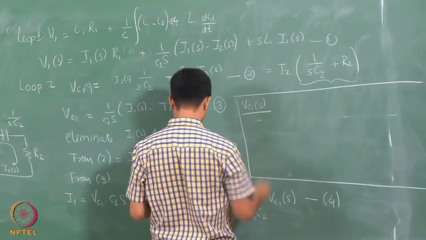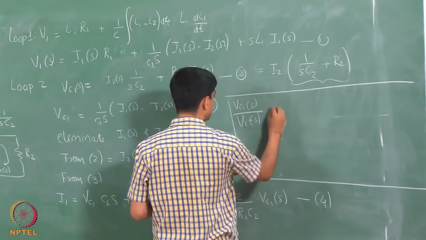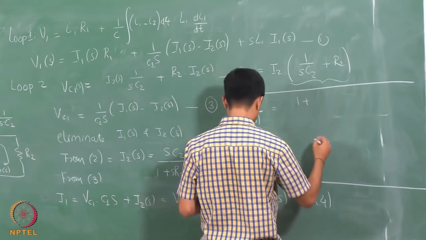Vc1 of S over Vi of S is, okay, I skip the computations, but they should be straightforward to do.